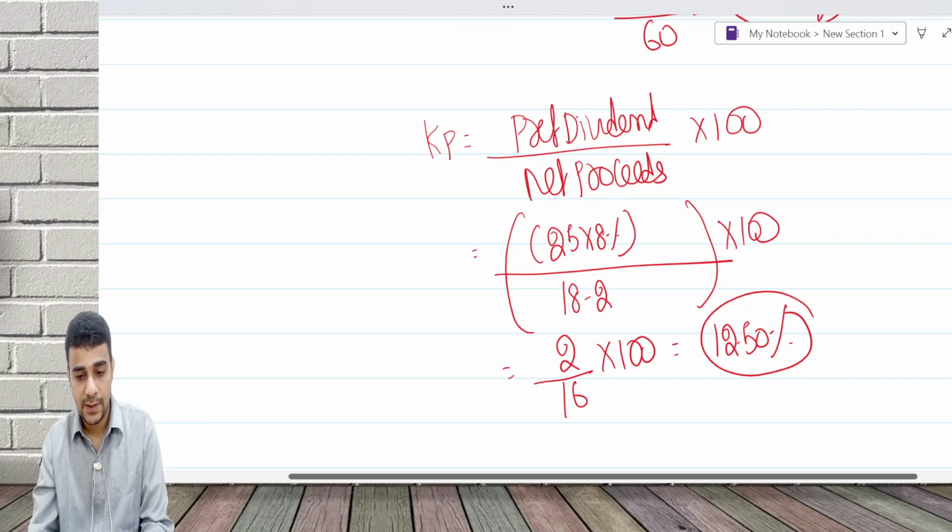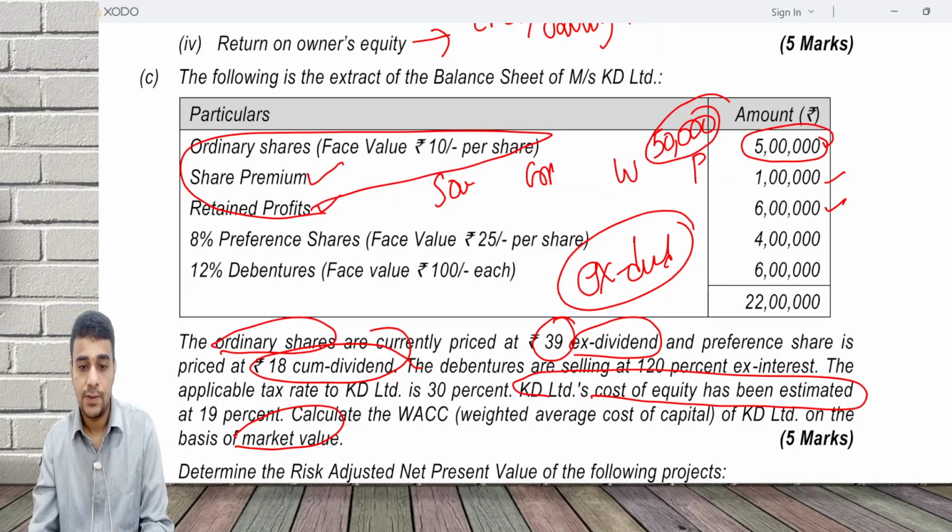The net proceeds value is 16. So the number of shares is 4 lakhs divided by 25, which is 16,000.